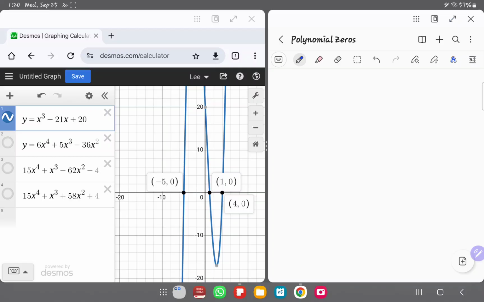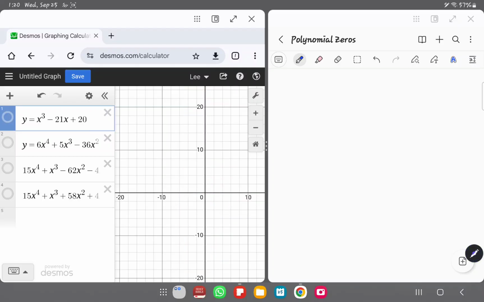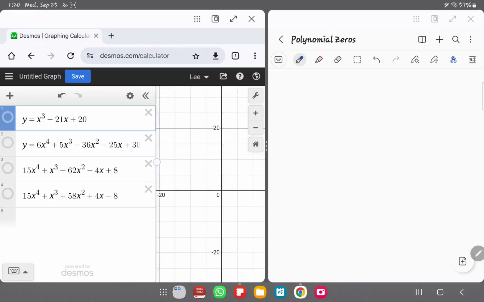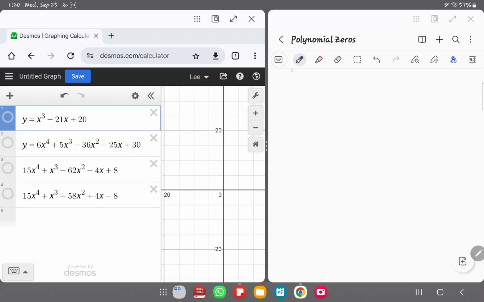All right, let's go ahead and try another one here. So I'm going to hide that one. Let me see if I can get the whole polynomial here. Find the possible rational zeros for that second expression right there. So rational zeros.